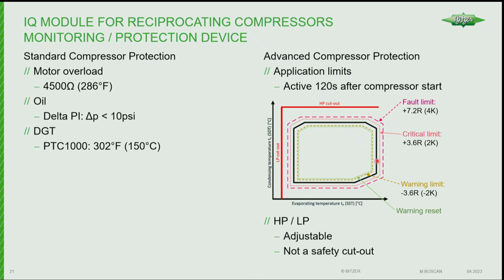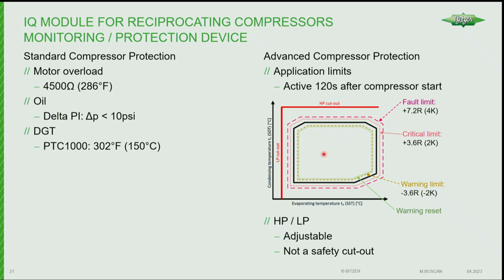Once you go outside the application limits, we have another line right here, this peach color, the dotted line. So we'll let you run outside the application limits for 30 seconds. And during that 30 seconds, if you come back within the window, then it won't shut down the compressor. If you run outside there for a little while, you're not going to kill the compressor.